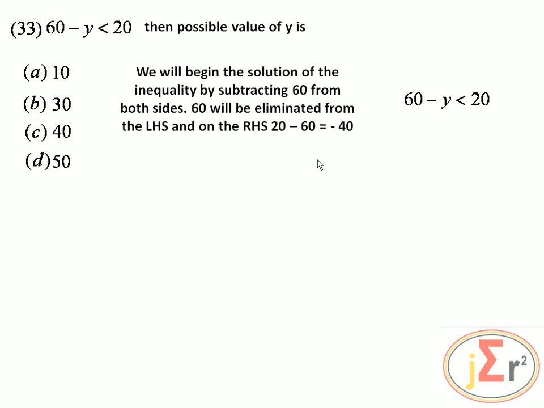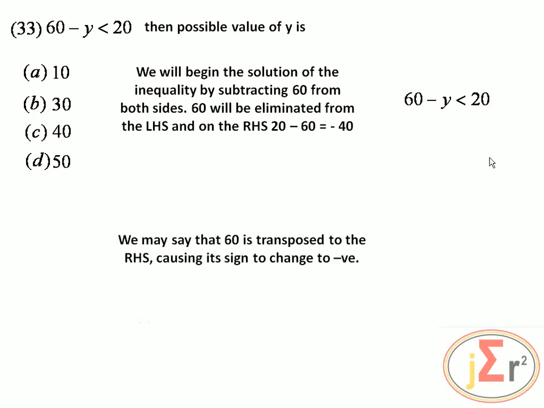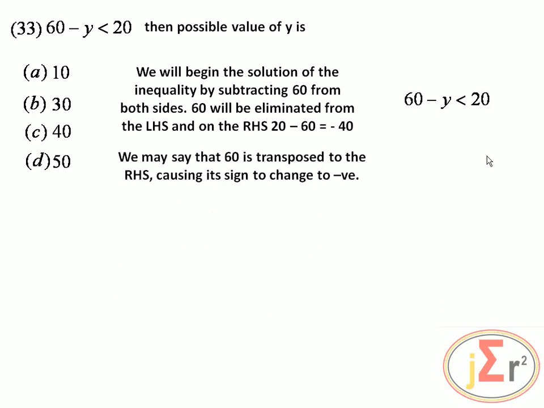And what will happen? 60 minus 60 here will give 0, and we will have only a negative y on the left hand side. Then we will say 20 minus 60, and that is equal to negative 40. We may say that 60 is transposed to the right hand side, causing its sign to change to negative.